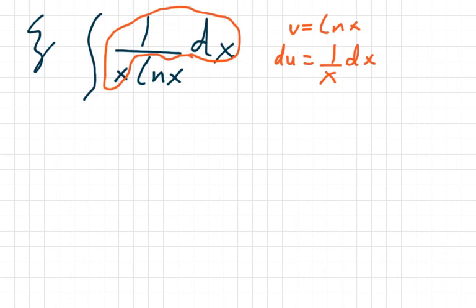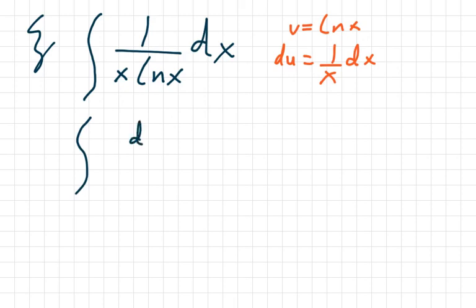So when I go back into this now, I've got my 1 over x dx is just du, and my ln x is u, just like that. Now when I do the integral of that, well, the integral of 1 over u is ln u.